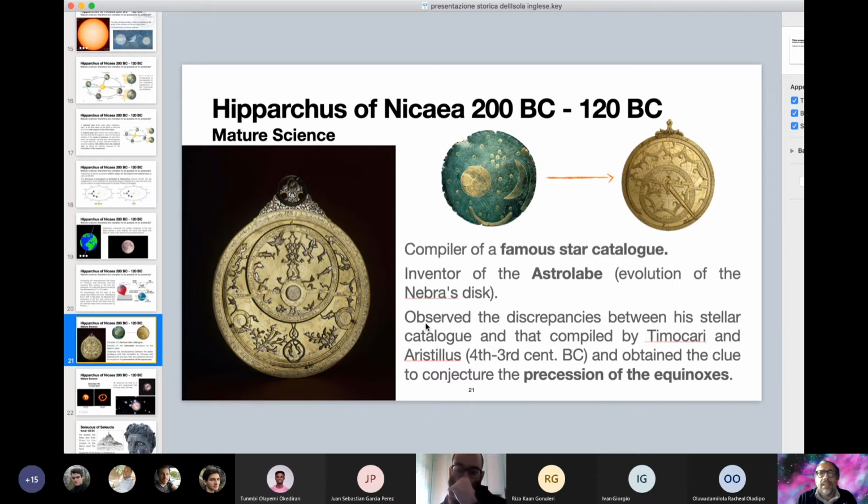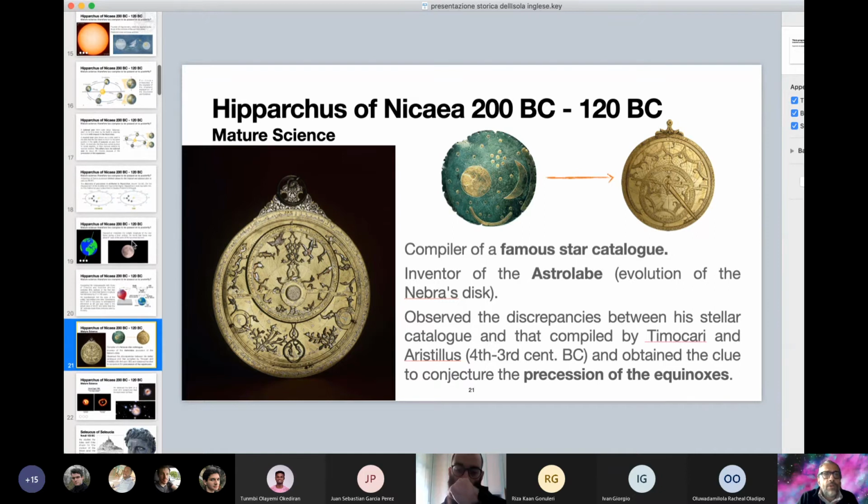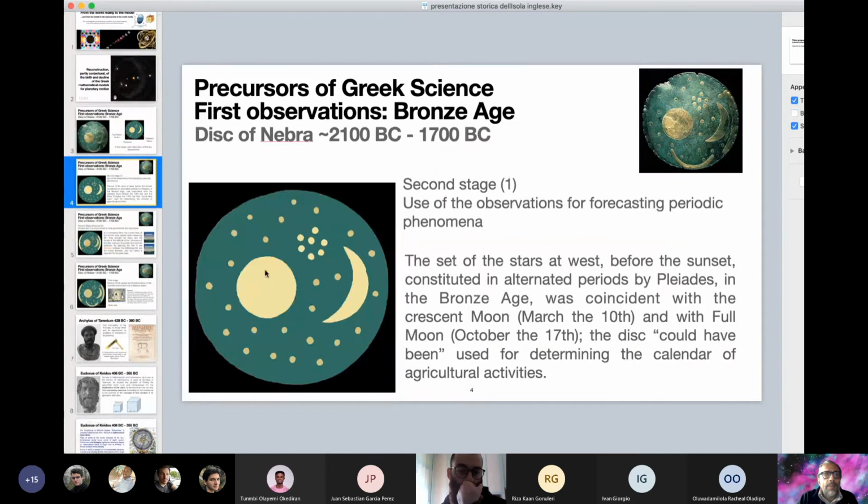Okay, Hipparchus observed the discrepancies between his stellar catalog and that compiled by Timocari and Aristillus, and obtained the clue to conjecture the precession of the equinoxes. So I want to tell you clearly, Hipparchus was more or less having the same tools as the people building this.